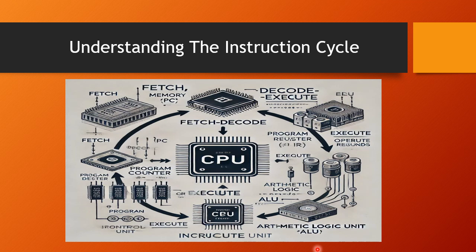Now, in the execution stage, the CPU carries out the operation specified in the instruction, the instructions which have come along over here. For example, if it's an arithmetic operation, the ALU, the arithmetic logic unit, processes the data.